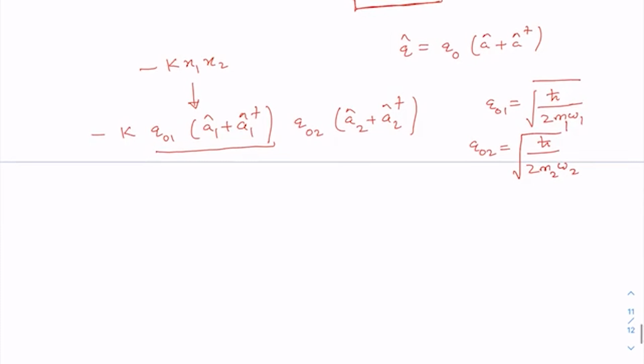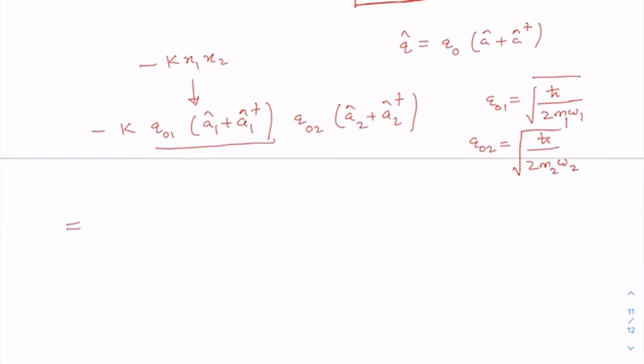Now if I open it up, I can rewrite the cross term like this: k q01 q02 (a1 plus a1 dagger)(a2 plus a2 dagger).